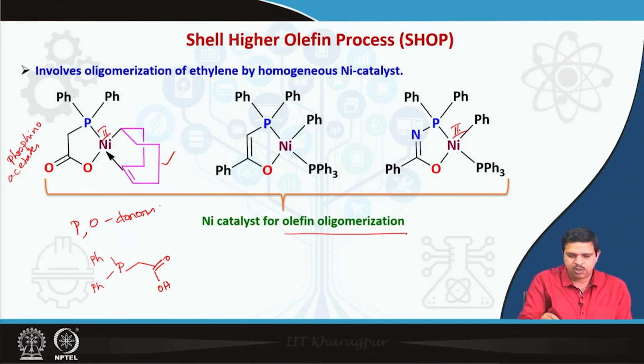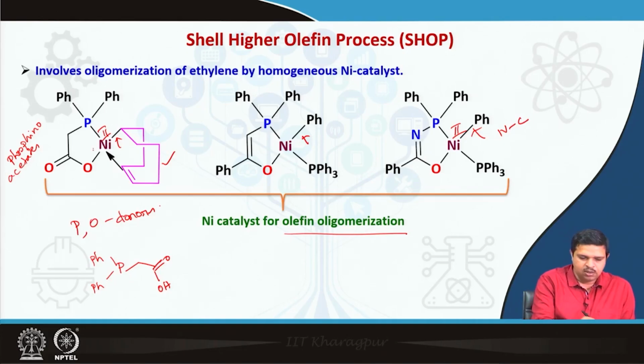Mostly these are phosphorus and oxygen donors, and there will be one nickel-carbon bond here. This is the phosphorus, this is the oxygen donor, and there will be one more labile ligand, either this one or this one.